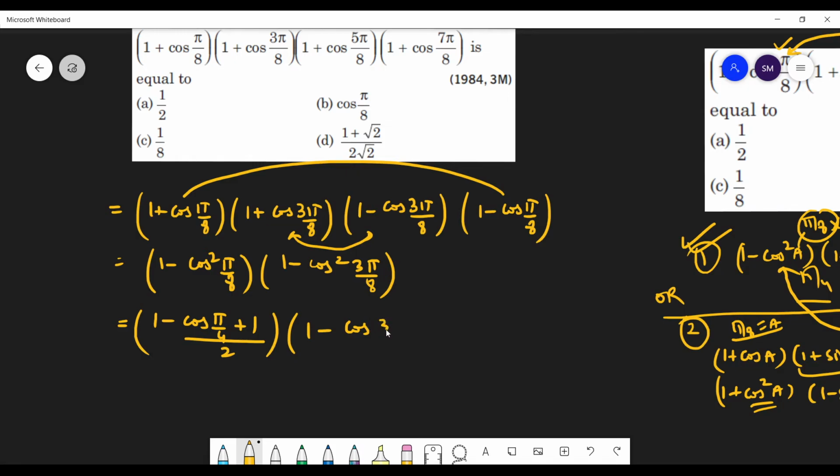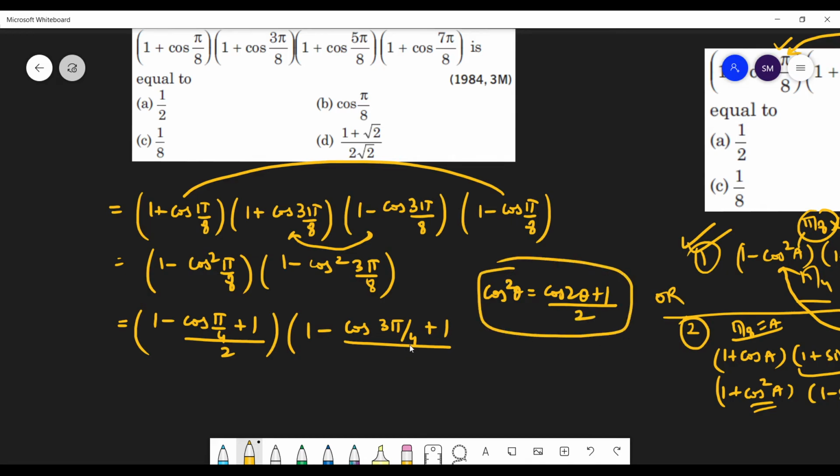So cos 3 pi by 4 plus 1, divided by 2. I have used the formula cos square theta is equals to cos 2 theta plus 1 divided by 2.